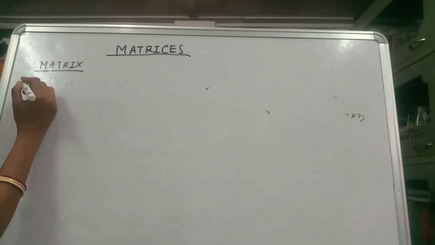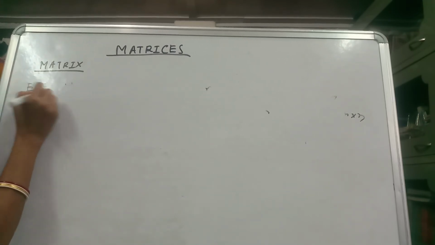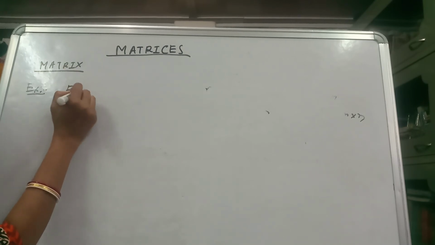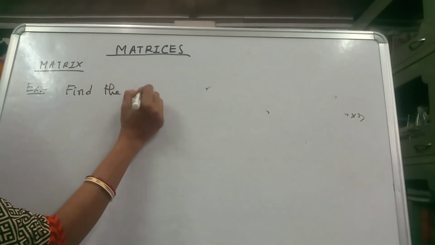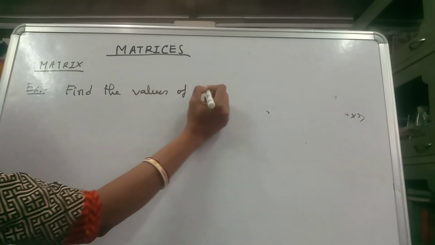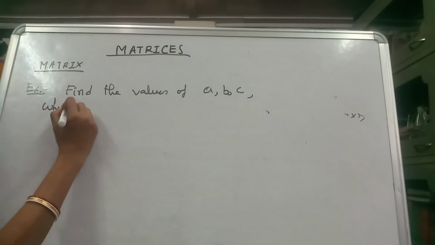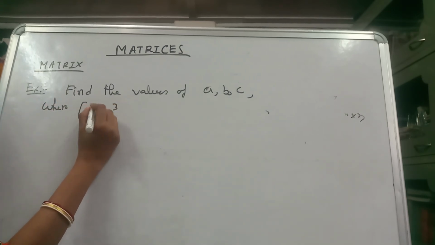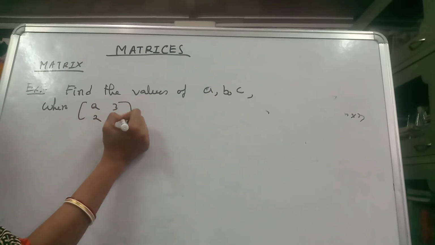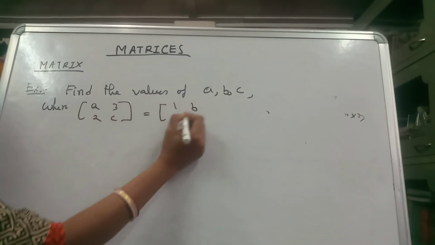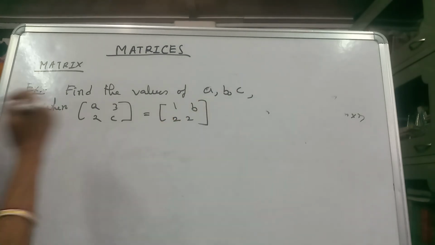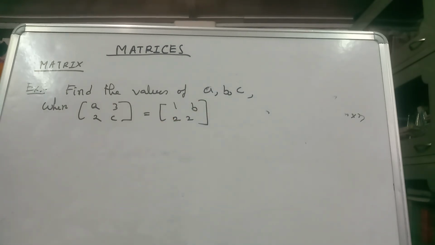Suppose there is an example which is asked in this way: find the values of a, b, c when the two given matrices are equal. Here the solution: you have given that both the matrices are equal.